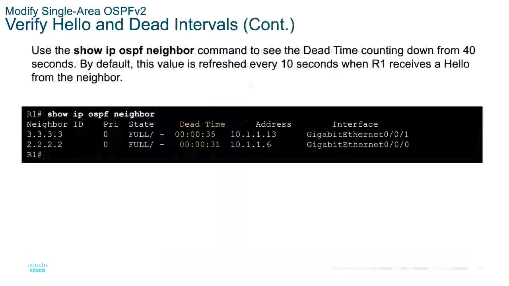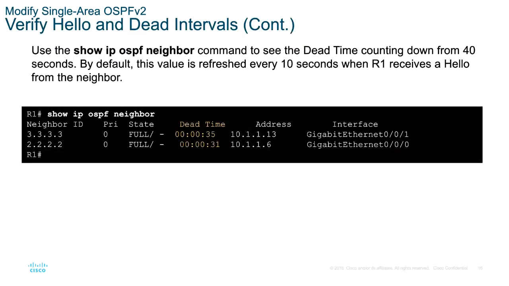So when you look at the neighbor output, you see the dead time. It's counting down. You can see here that it should receive another update from neighbor 2.2.2.2 in the next second. And if it receives that hello packet, it should start the countdown again from 40.